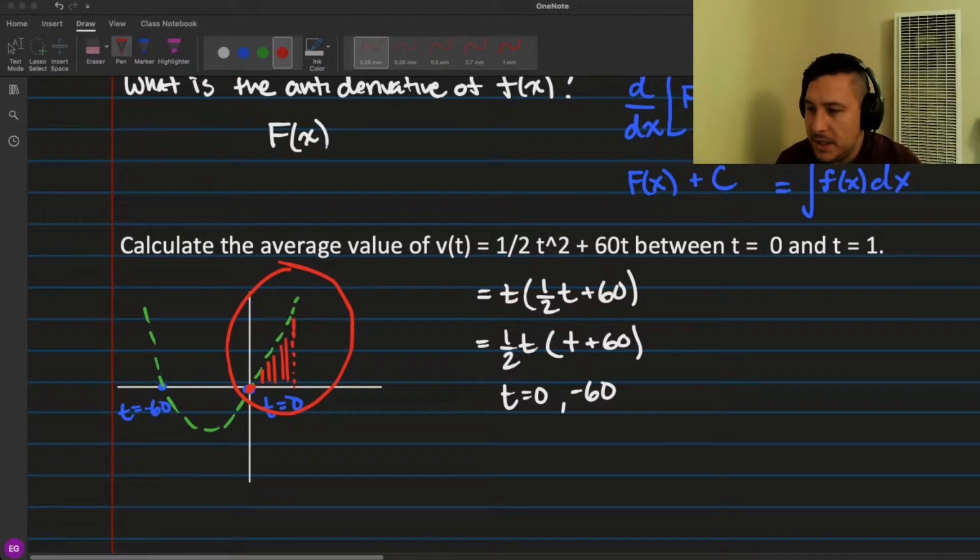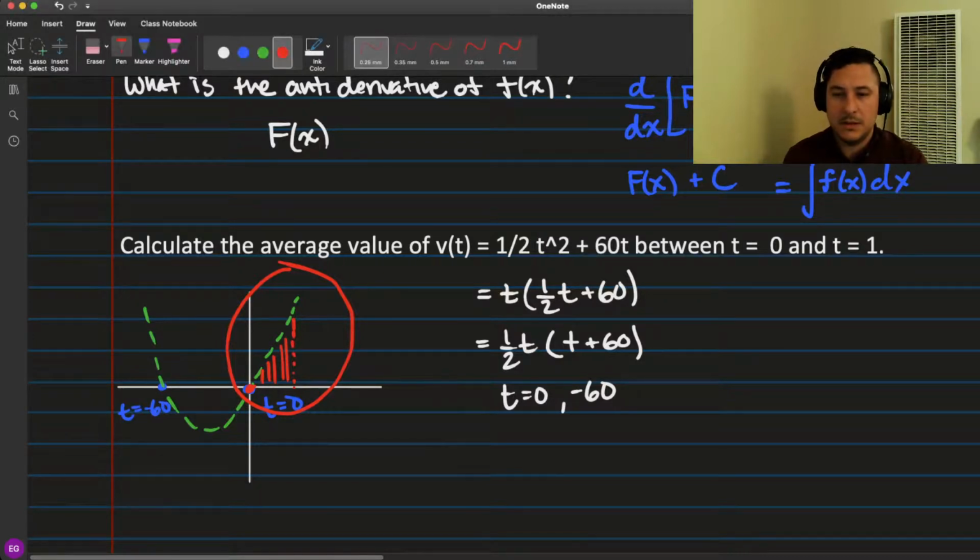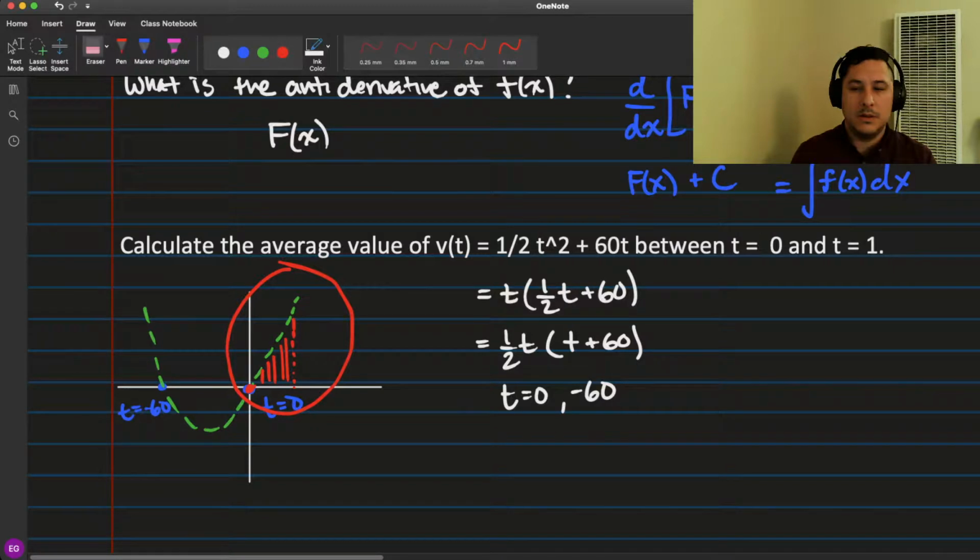Wouldn't it actually be 120 since you factor in the 1/2? Oh, well, I messed up. Yeah, there should be. That should be 120 because 120 times 1/2 is 60.